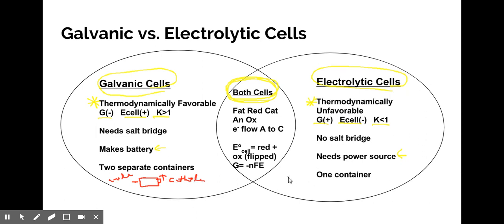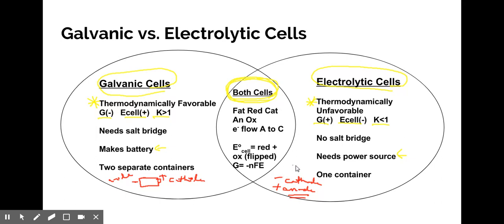For electrolytic cells, it's the opposite, okay? The negative terminal is your cathode, and the positive terminal is your anode. So that is the only thing that's opposite. It's the terminals, what we would call the separate ends of the battery, that has switched between electrolytic and galvanic cells.